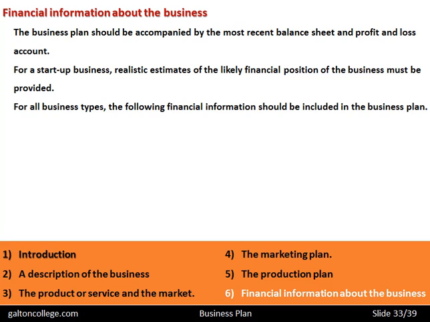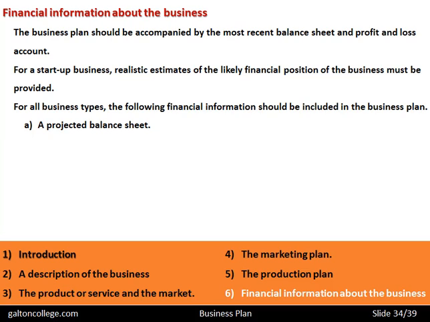For all business types, the following financial information should be included in the business plan. There should be a projected balance sheet. That's important, even though it is looking into the future, with the caveat that it is not knowable. Realistic estimates should be put forward.